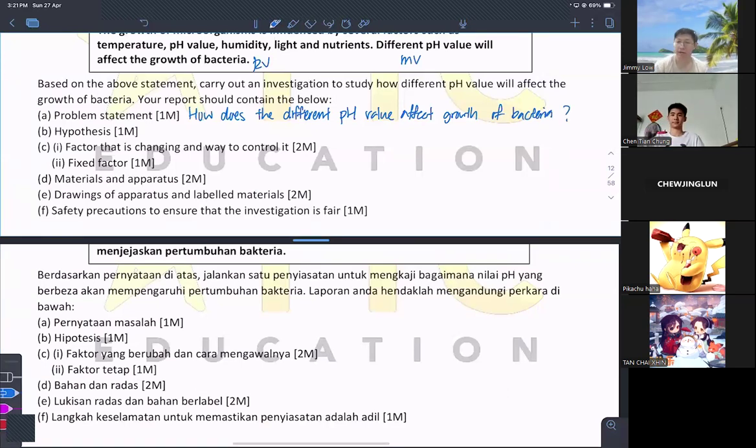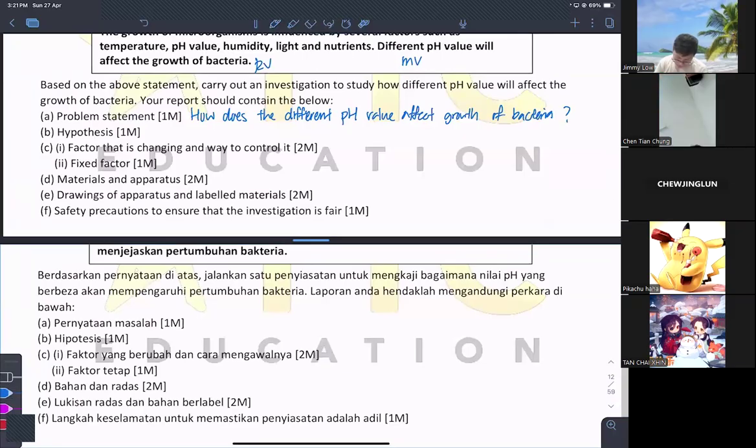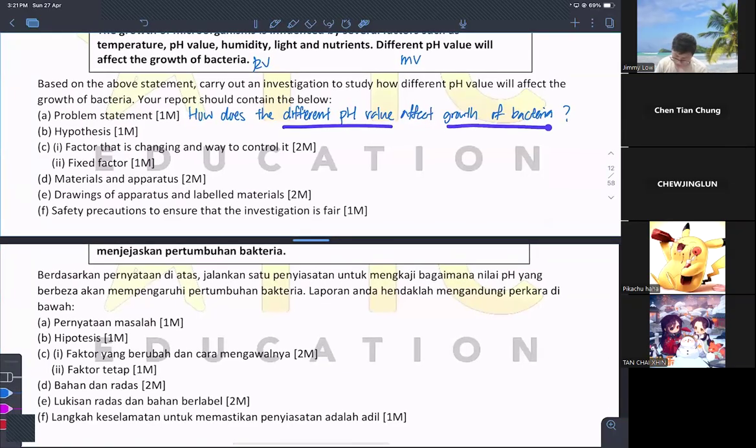Remember to give a question mark. So this one and this one are from your question. How does the MV affect your RV is your format stuff.